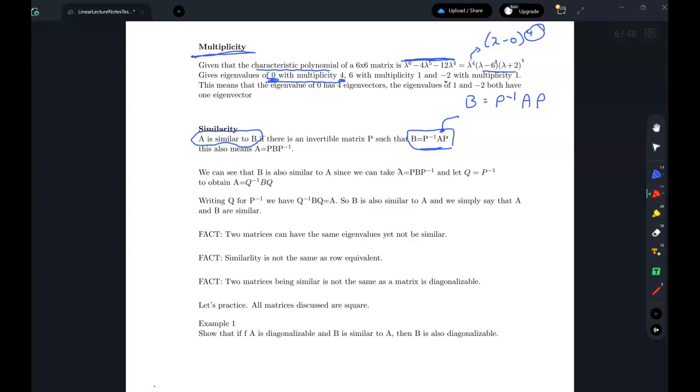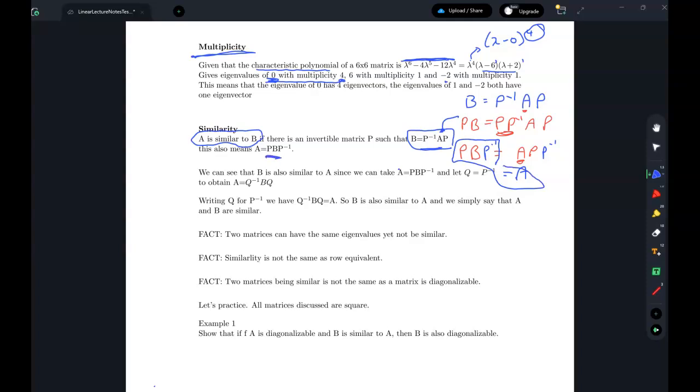If I wanted to solve for A, then I could multiply on the left by P. And this P times P inverse would give me 1, right? So I get PB equals AP. And if I want to solve for A, then I could multiply on the right by P inverse. So I get that A is equal to PB P inverse. There it is right there.